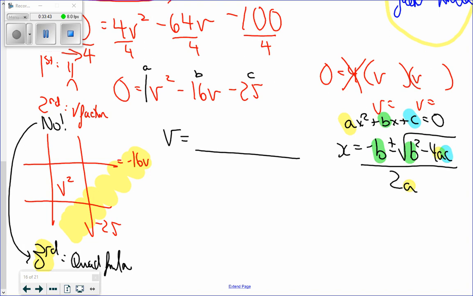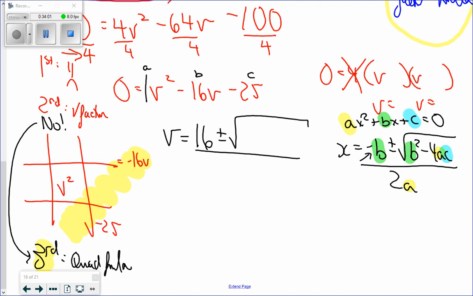So negative B. B is negative 16, so what's negative of negative 16? 16, right? Two negatives make a positive.